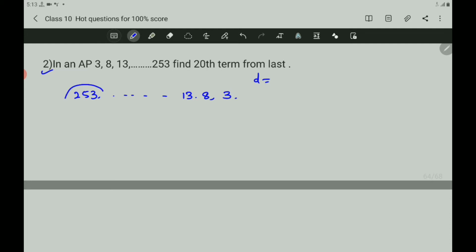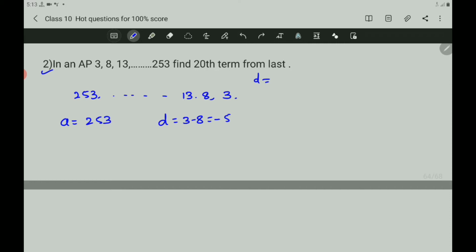If you take 253 as the first term, then a equals 253 and d equals 3 minus 8, that is minus 5. Otherwise, taking the last but one term, you also get the same value, d equals minus 5.